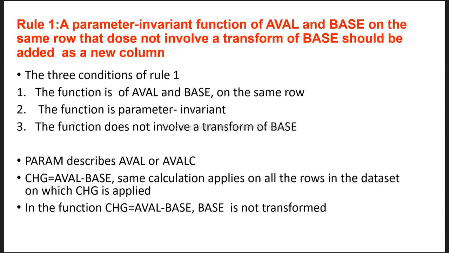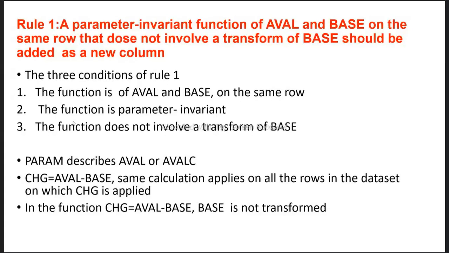When should we add a variable, and when should we add an observation? That is the most important question. The first rule is: a parameter-invariant function of AVAL and BASE on the same row that does not involve a transform of BASE should be added as a new column. Read the rule again.